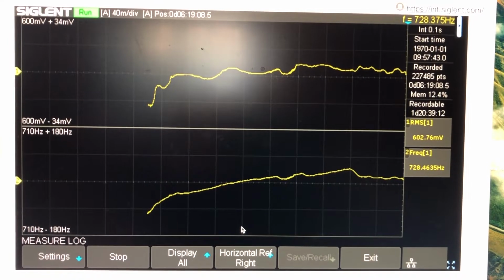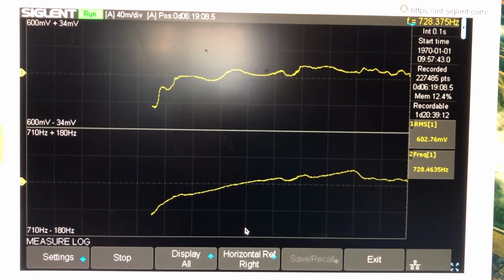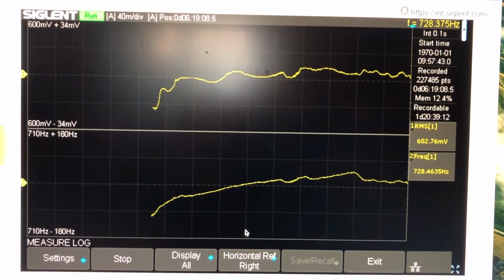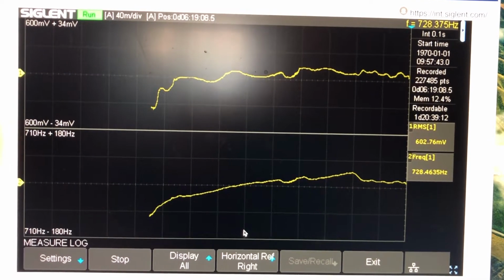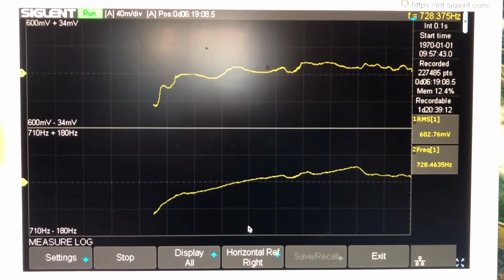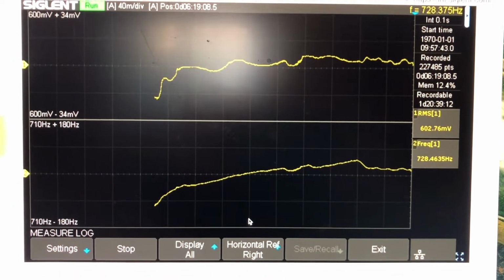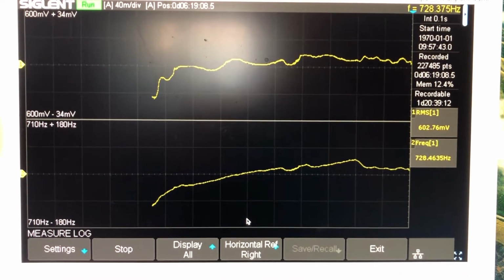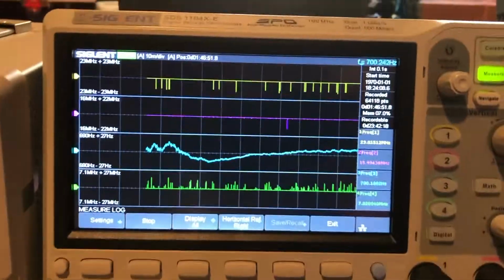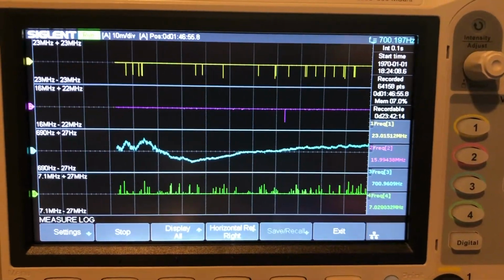The top trace in this case is the amplitude of the audio frequency, and you can see actually the amplitude is higher up around 700 hertz than it was around 600 hertz. So that's why I decided to go ahead and increase the side tone, or not the side tone, but increase the CW offset frequency. Okay, so this has been running for almost 2 hours now.